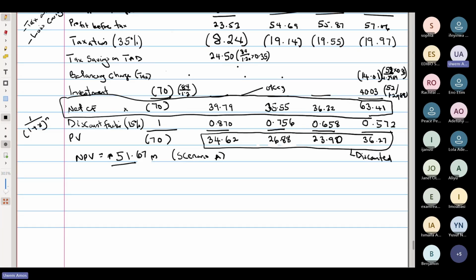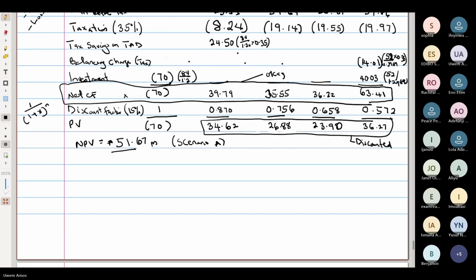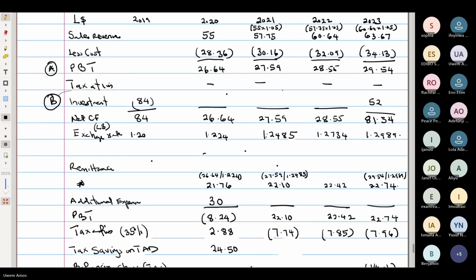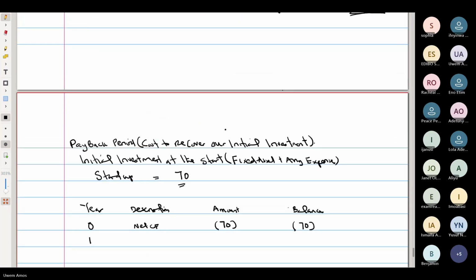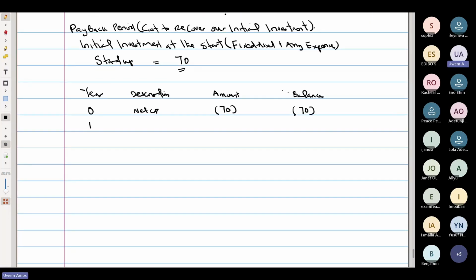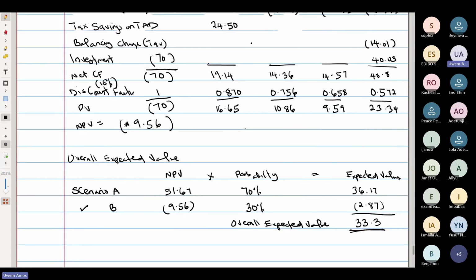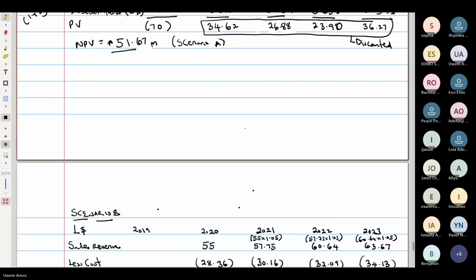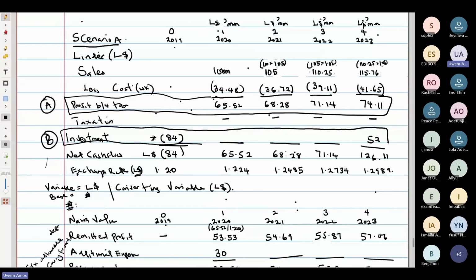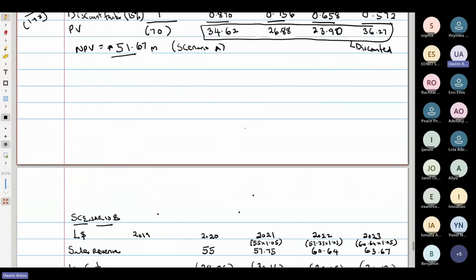So at the end of year one, we got an inflow of 39.79. Let me double check that. Hope I didn't miss anything. Is that the correct value? Yeah, 39.79.